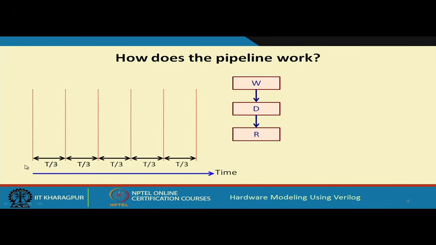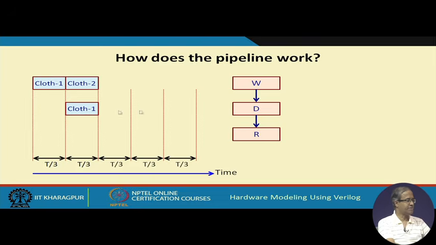Let us look at the axis of time. This is washing, drying and ironing. So, cloth 1 comes for washing. It takes T by 3 time. After T by 3, cloth 1 comes for drying and the second cloth comes for washing.